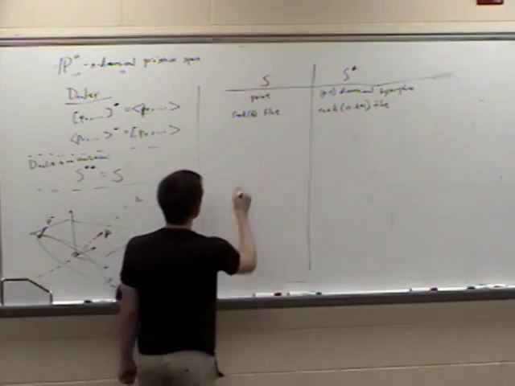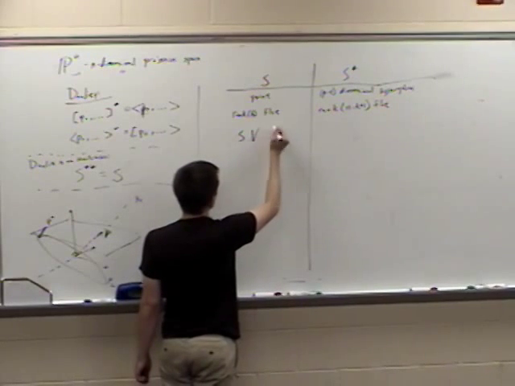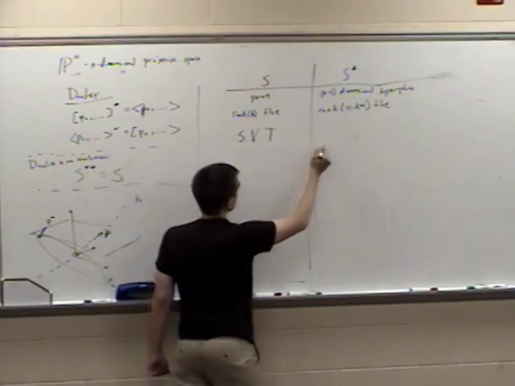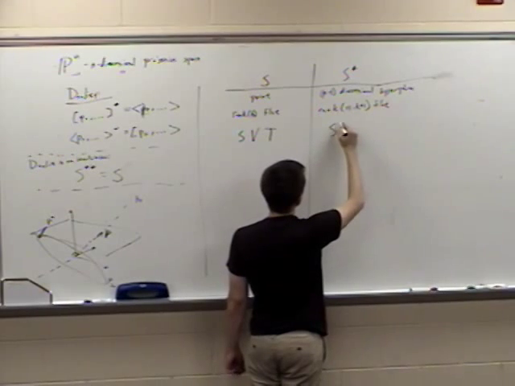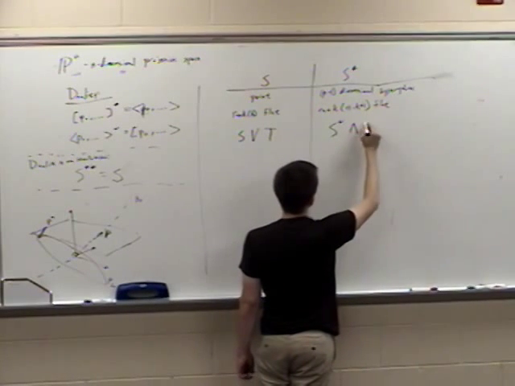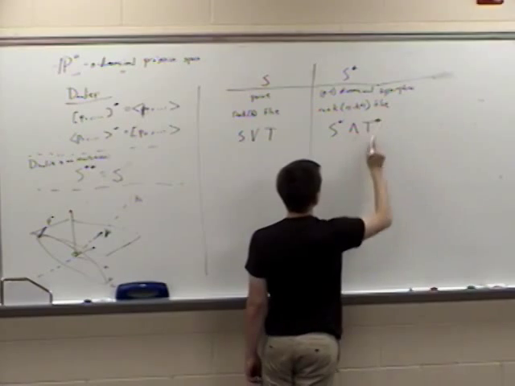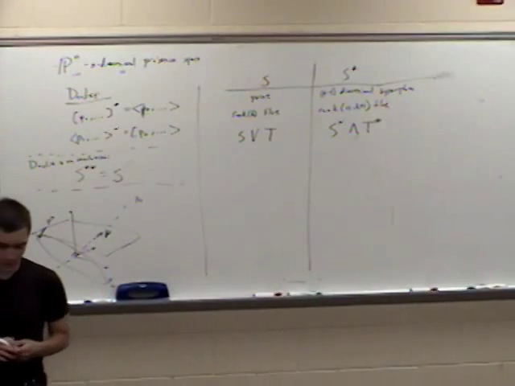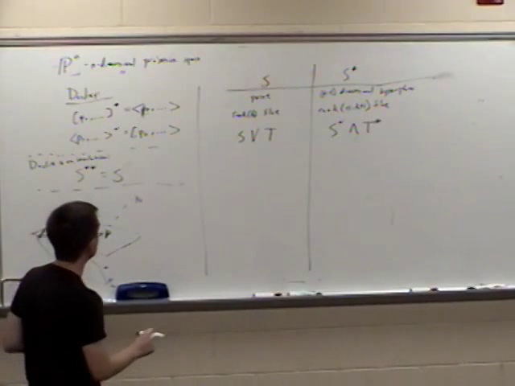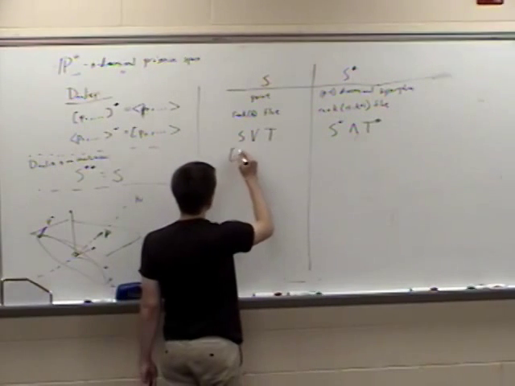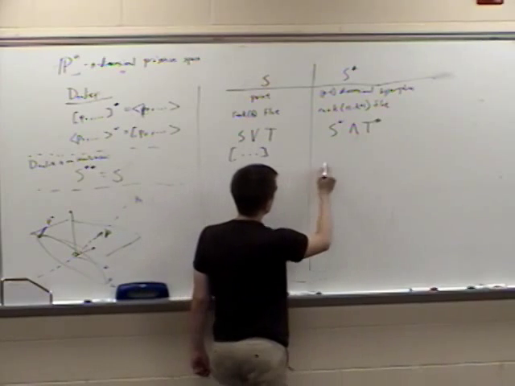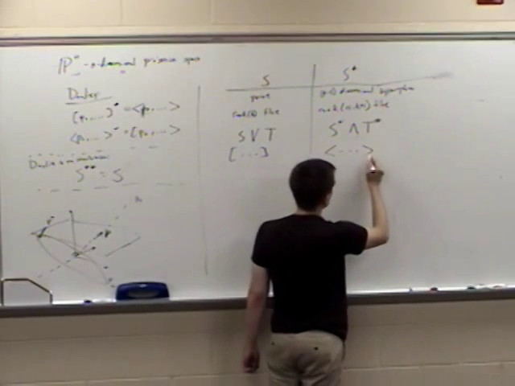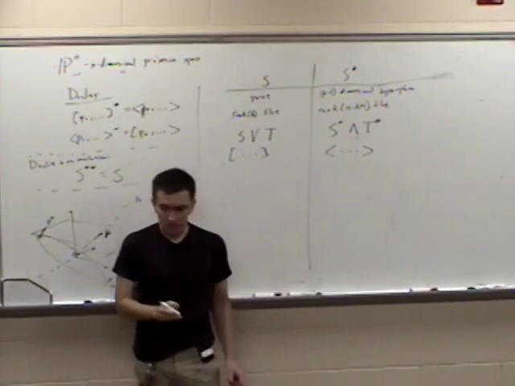Similarly, if I take the meet or the join of two flats, then the dual of this is going to be the meet of their duals. So this is another basic property. If I apply it to join and meet, I'll get that. Obviously, if I feed in something written with square brackets, I'm going to get the same thing written with angle brackets.